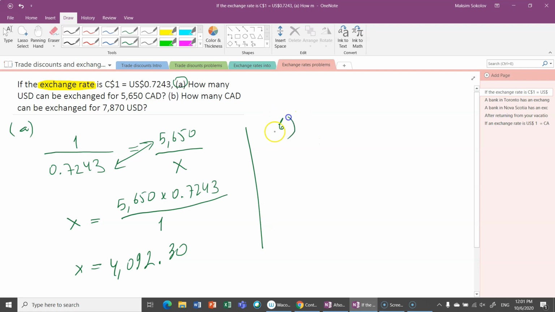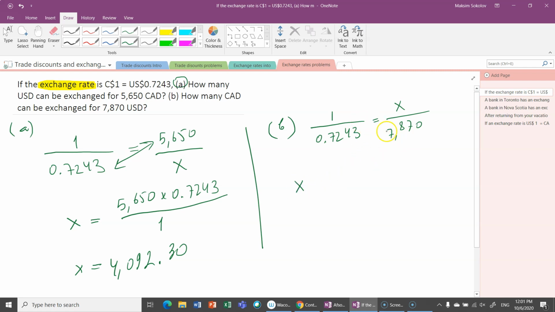What about part B? In part B, we need to find Canadian dollars, which could be exchanged to 7,870. So in this case, again, we have the same ratio. 1 Canadian dollar to 0.7243 is the same as unknown Canadian dollars to 7,870 USD.